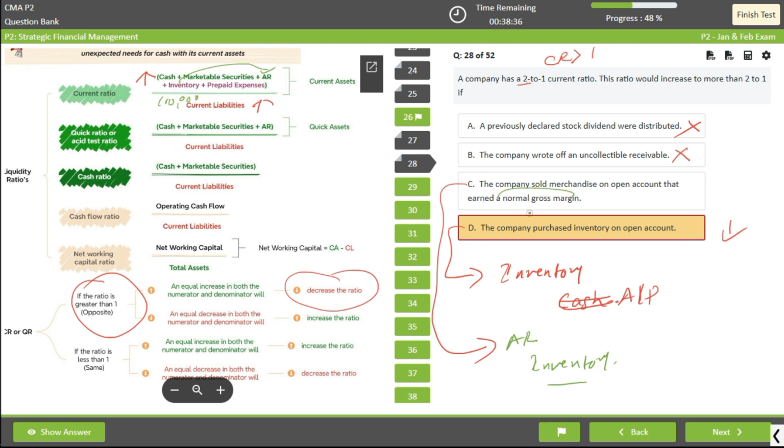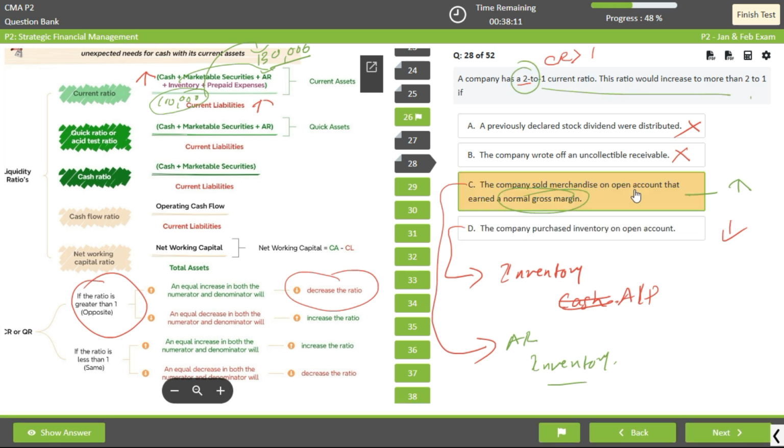There is a profit margin, maybe 20%, 30%. So accounts receivable will be 130,000. You are converting your inventory of 100,000 to 130,000, which indirectly will increase the ratio from 2 to more than 2. So that's why this is the correct option.